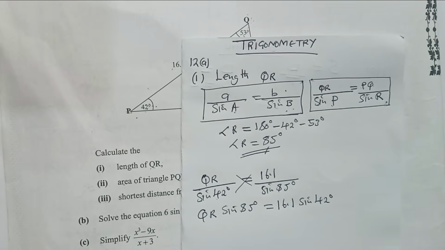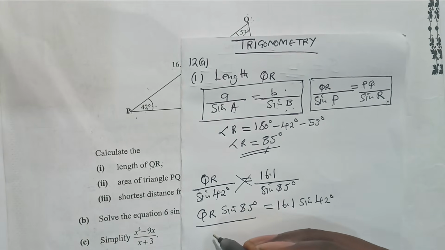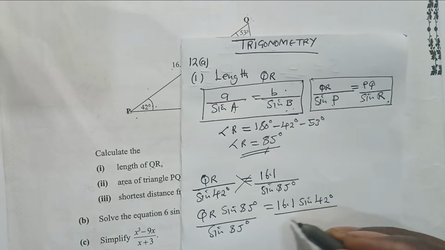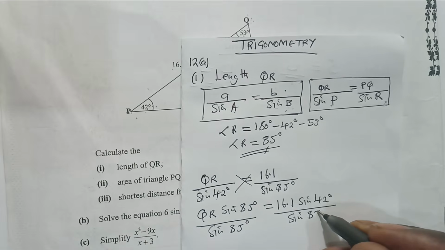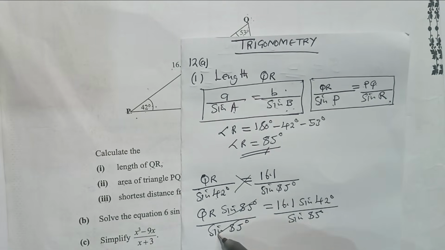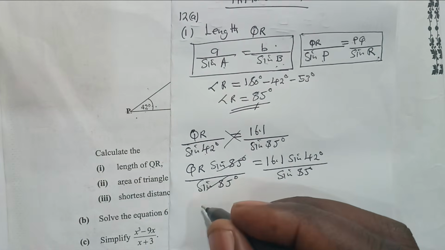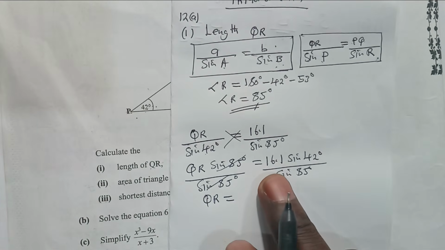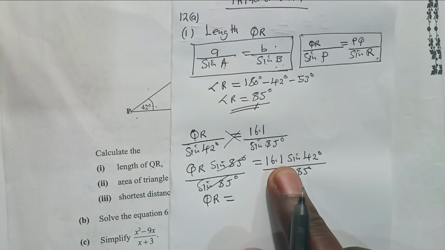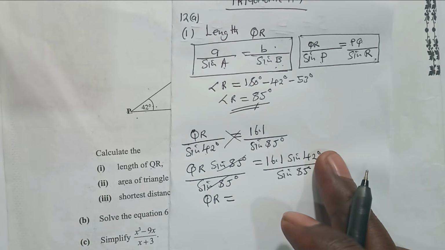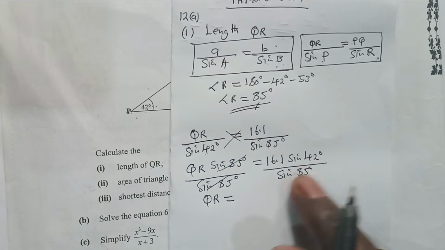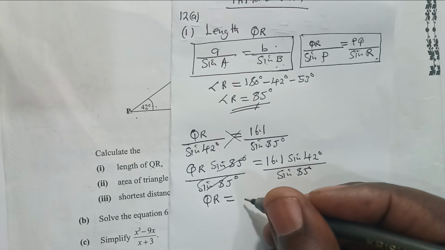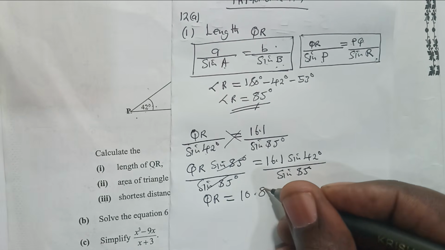Because our interest is QR, we divide both sides by sine 85 degrees, so that this part and that one go. Then QR is equal to 16.1 multiplied by sine 42 degrees, divided by sine 85 degrees. From my end, I've calculated this is going to give me 10.8 meters.